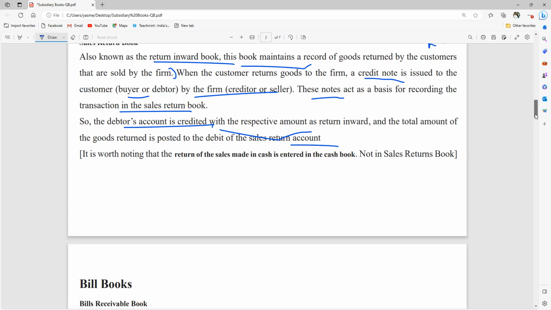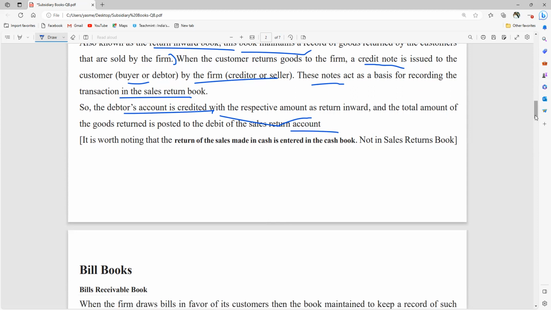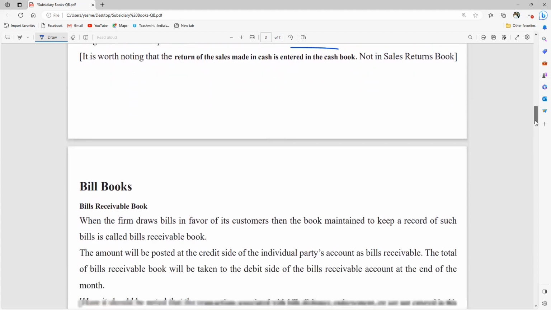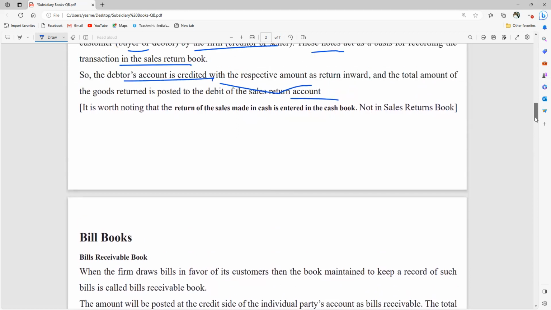Previously I said with an example that I sold goods to Mahesh worth rupees 20,000 on credit. Now if he returns goods worth 3,000 to us, we will issue him a credit note, and we will record that 3,000 worth of goods are taken back from Mahesh in the sales return book.